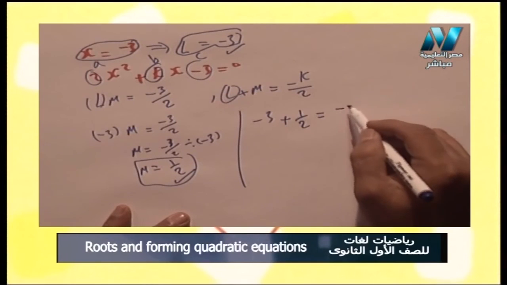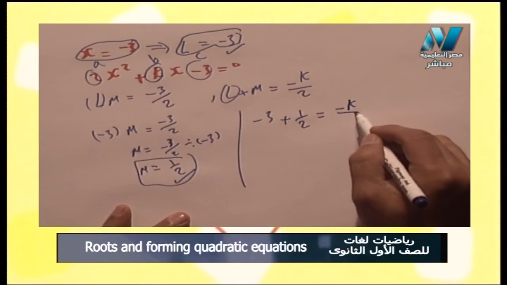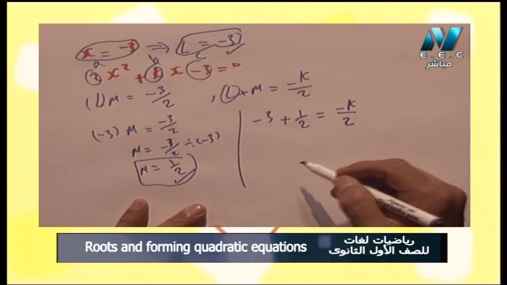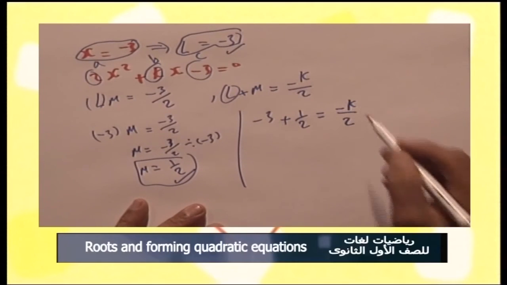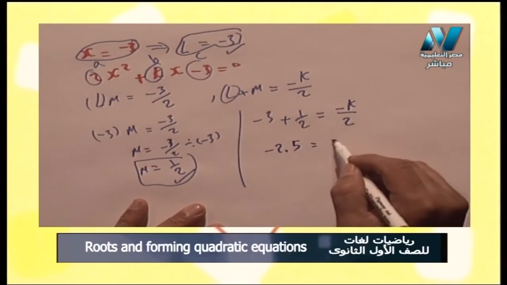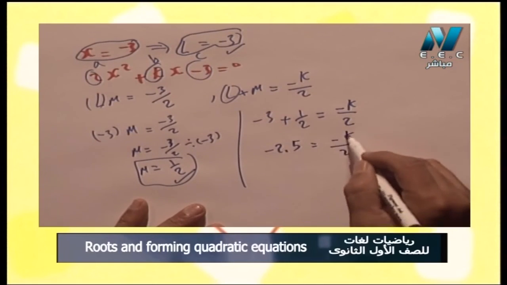Here -b equals -k and a is 2, and we would like to find k. So we have -2.5 = -k over 2.